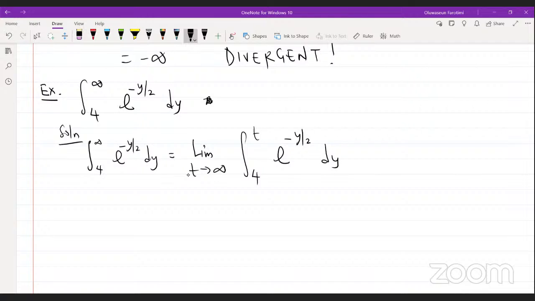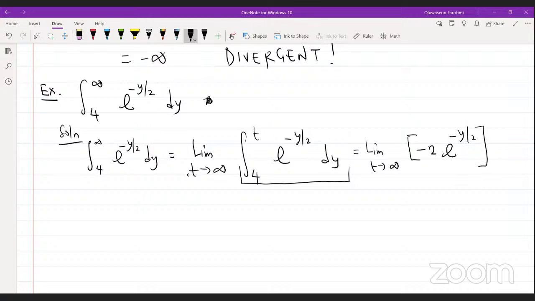Now, in this case, I have to first treat this guy. So this is the limit as t goes to infinity. Now, if you integrate this exponential function, what do you get, guys? This is going to be negative 2 e to the negative y over 2, but you have your bound 4 to t.